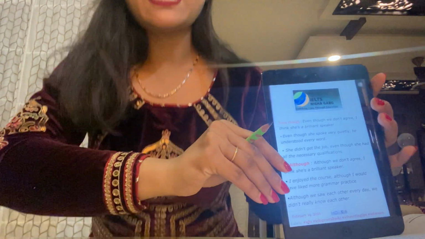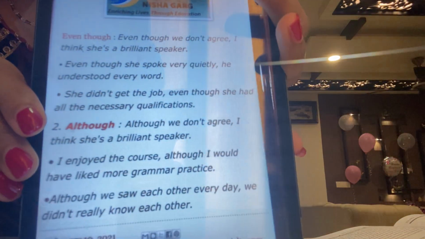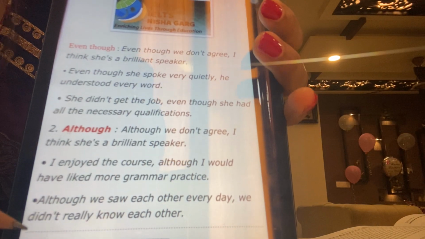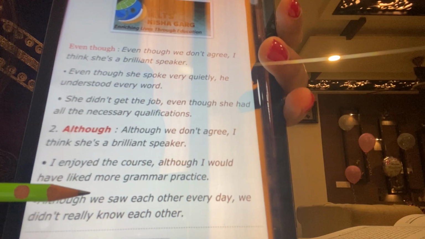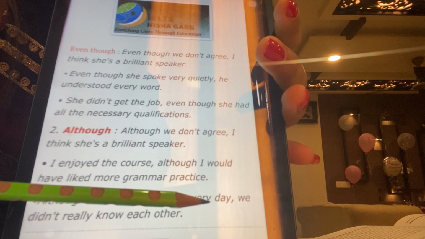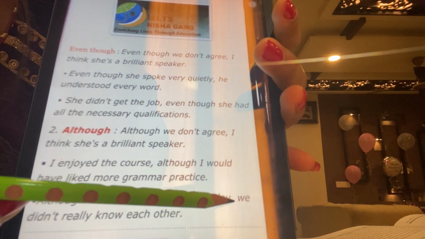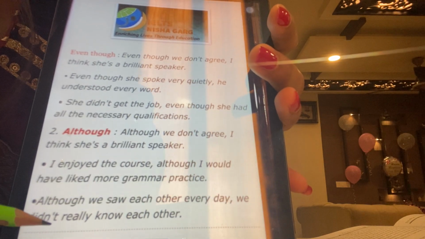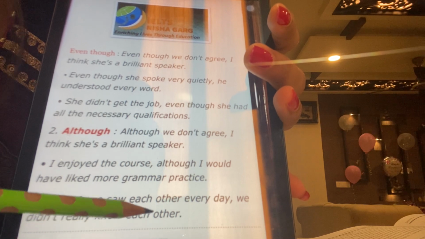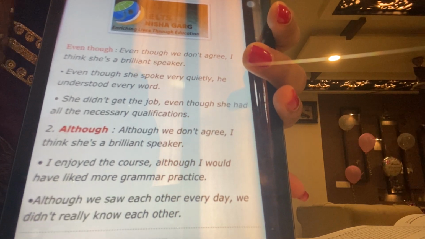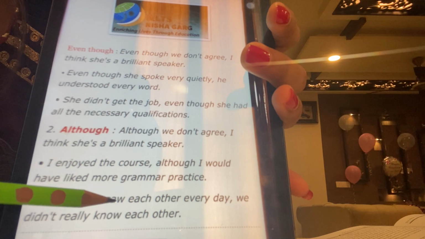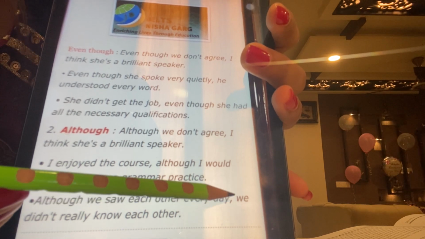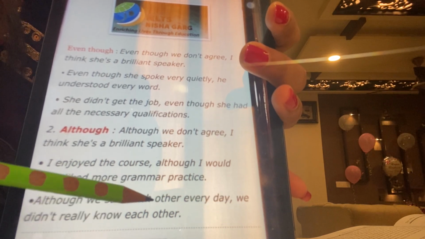See another example. Although we saw each other every day, now here is a comma, we didn't really know each other. I repeat. Although we saw each other every day, we didn't really know each other.